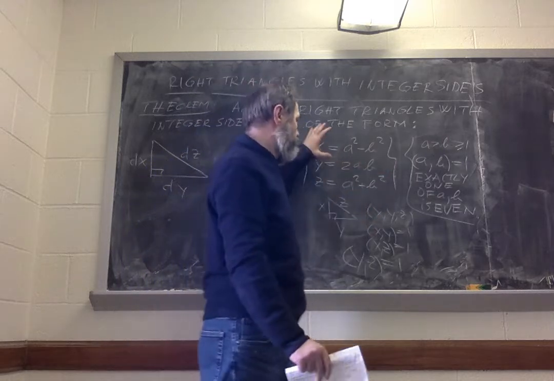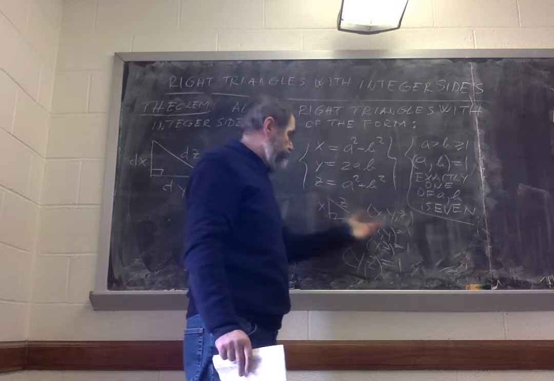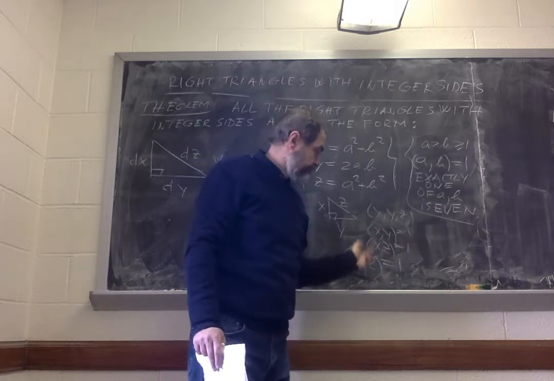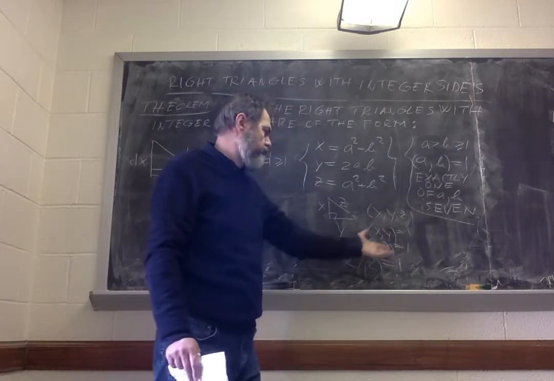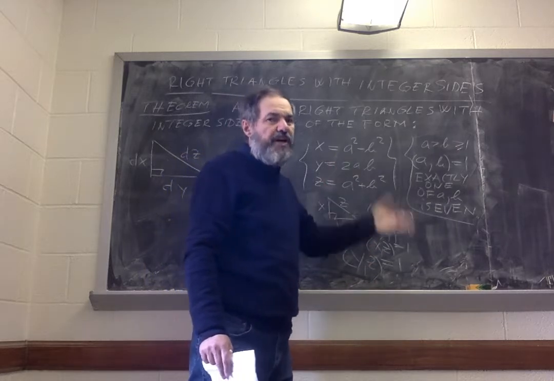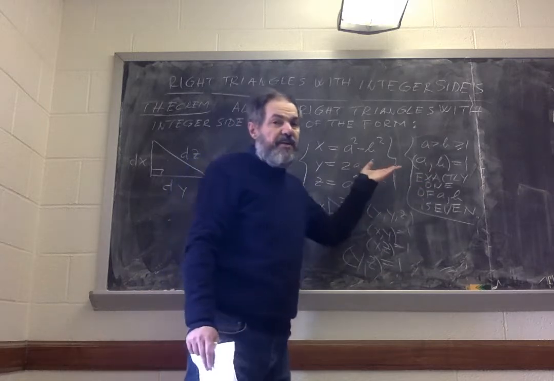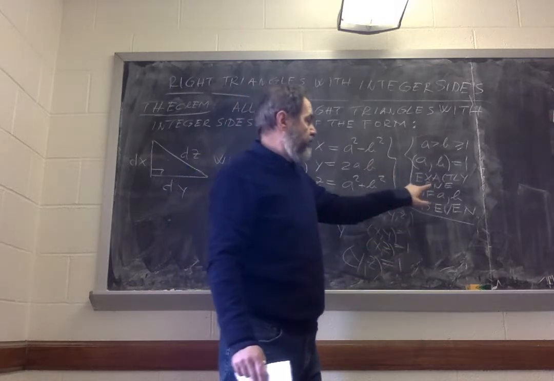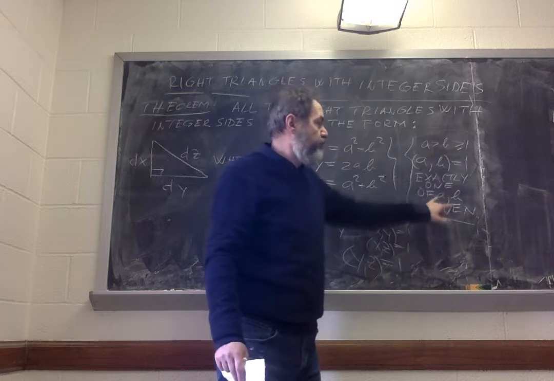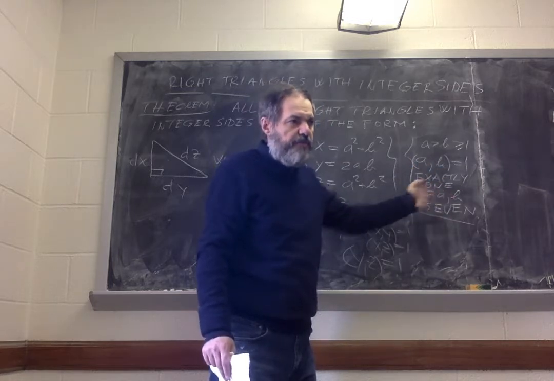So in order for x, y, z to satisfy these conditions, that they are relatively prime, a and b automatically had to be chosen to be relatively prime. But that's not enough. You cannot take both of them to be even, of course, because then they are not relatively prime.